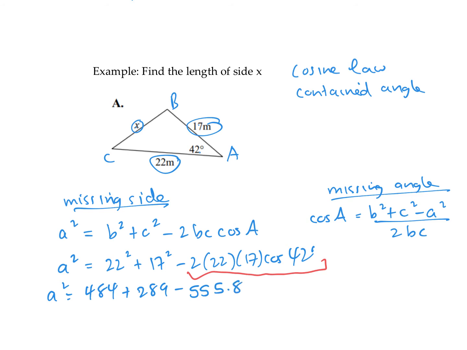Or like I said, you could type it all into the calculator at once. So A squared is equal to 217.1277, and then I want a square root because I want A. So I'm going to square root my answer, and it works out to be 14.7.